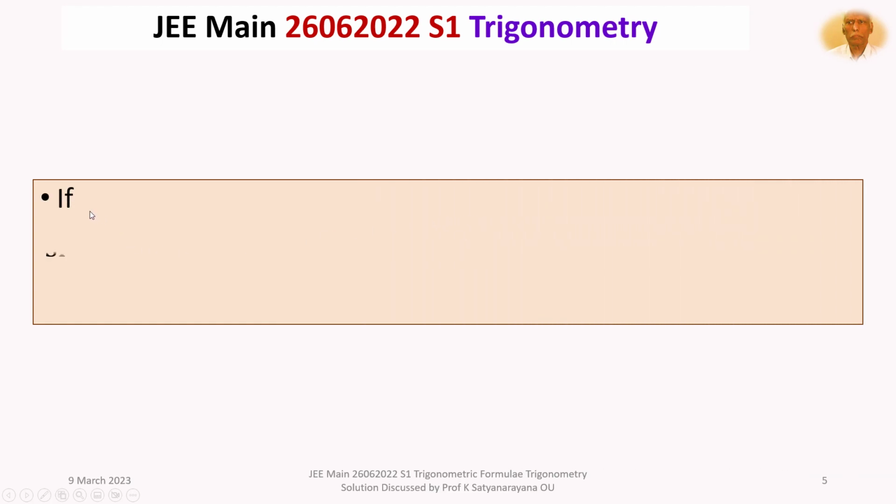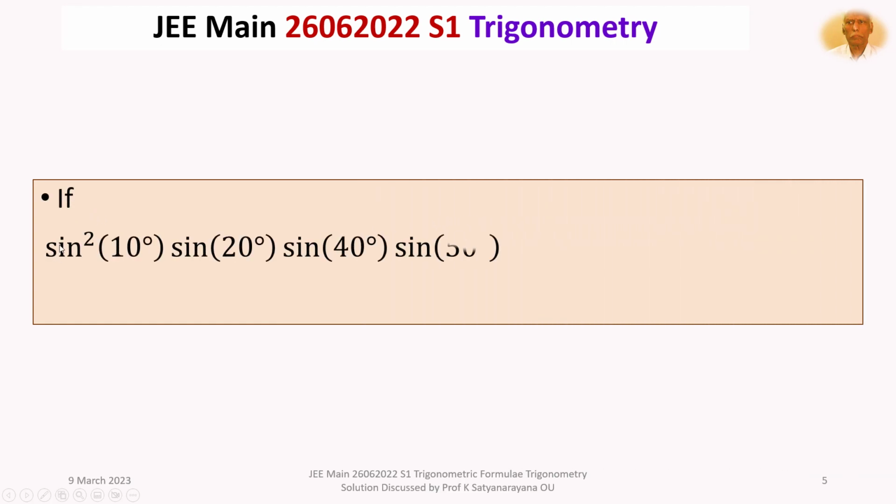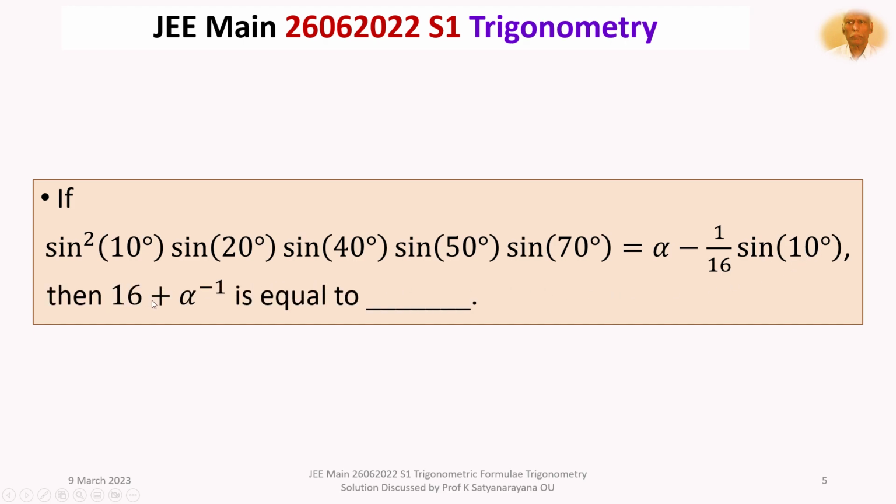The given question is: if sine square 10 degrees multiplied by sine 20 degrees, sine 40 degrees, sine 50 degrees, sine 70 degrees is equal to alpha minus 1 by 16 sine of 10 degrees, then 16 plus alpha inverse is equal to?